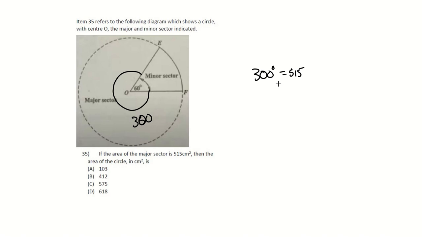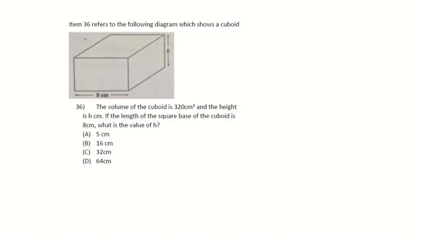If 300 is 515, 1 degree would be 515 over 300. Therefore, 360 is 515 over 300 multiplied by 360, which is equal to 618. So D is your answer for this question.